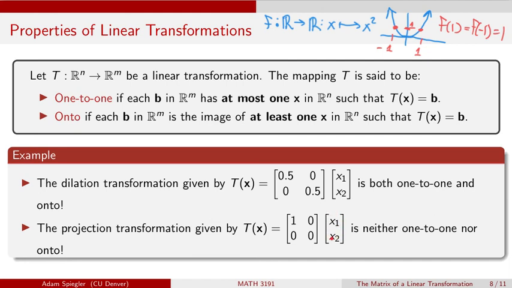So we're not mapping to all of R2, so that's why it's not onto. And we also saw that there were multiple vectors that were getting mapped to the 0 vector, for example. So this transformation is neither one-to-one nor onto. And notice, hey, we've got a column that doesn't have a pivot over here, and maybe this is going to play a role in determining some of these properties.